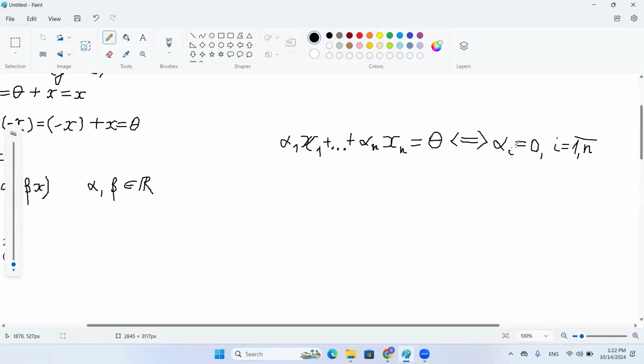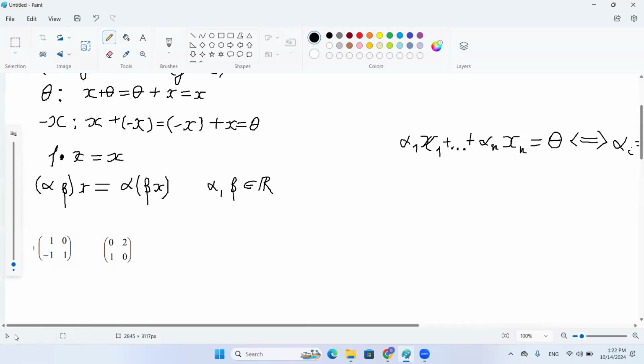But if some of them are not zero, it means that the system of elements is linearly dependent.